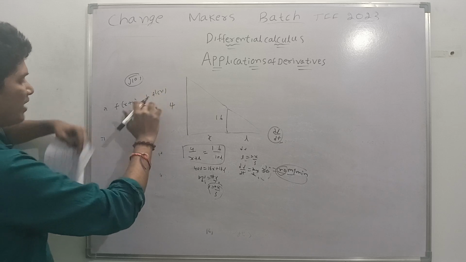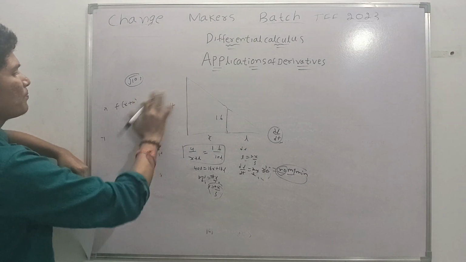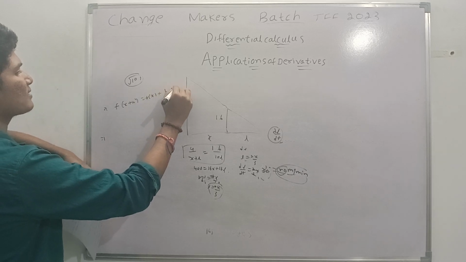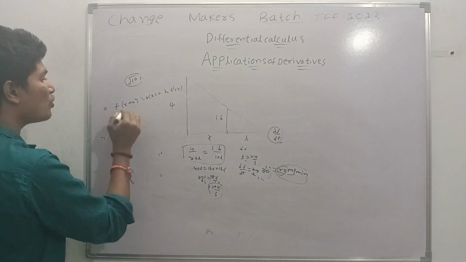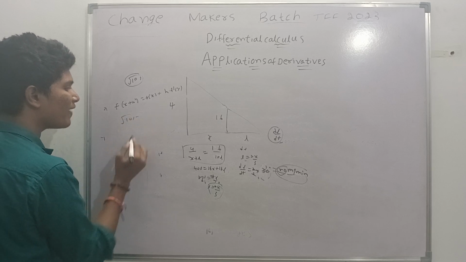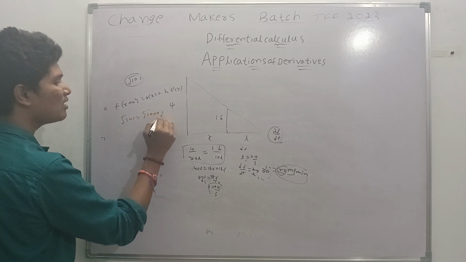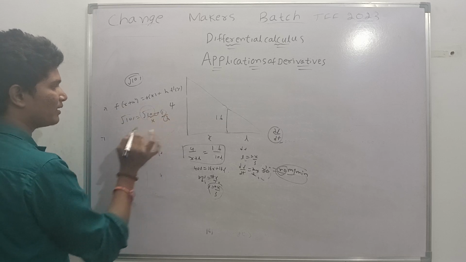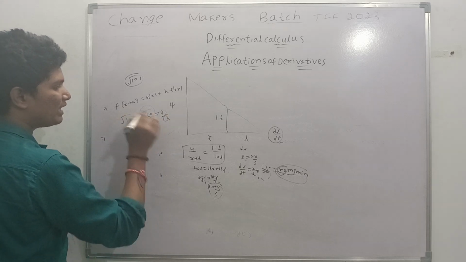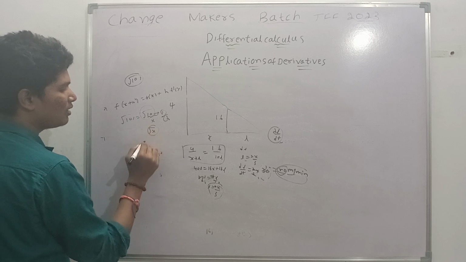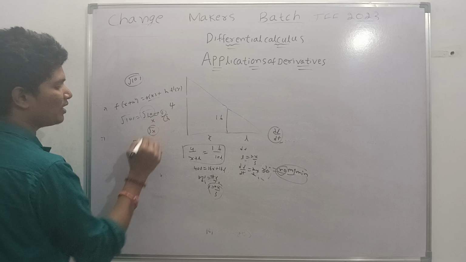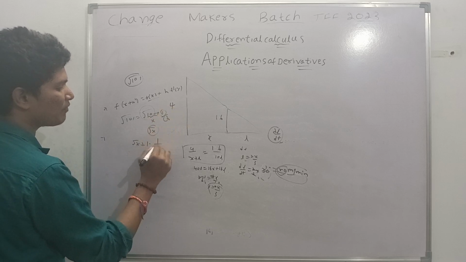We have to find root of 101. How can we find it? It is basically 100 plus 1, right? So root x is the function and 1 is the h, that is the error. If we take root x as the function, then f of x is root x, plus h into f dash x, where h is 1 and f dash x is 1 by 2 root x.